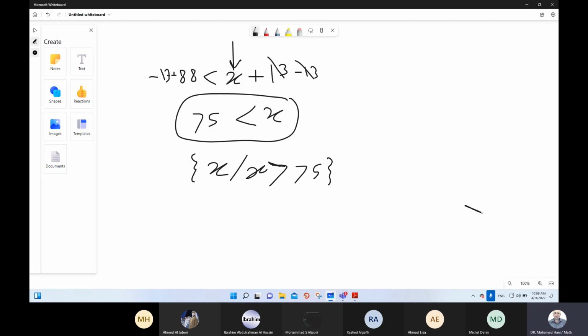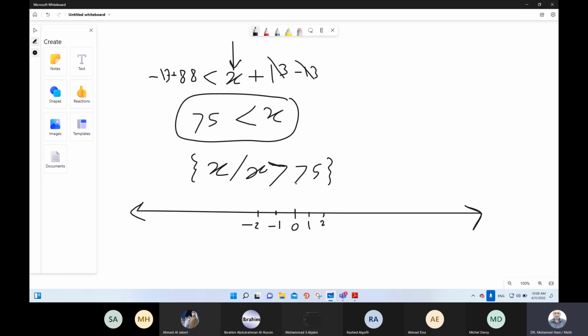And if you want to draw the solutions to graph this inequality, represent the 0 in the middle, and to the left we have the negative numbers. To the right we have the positive numbers. So represent 75, for example, 75 here.